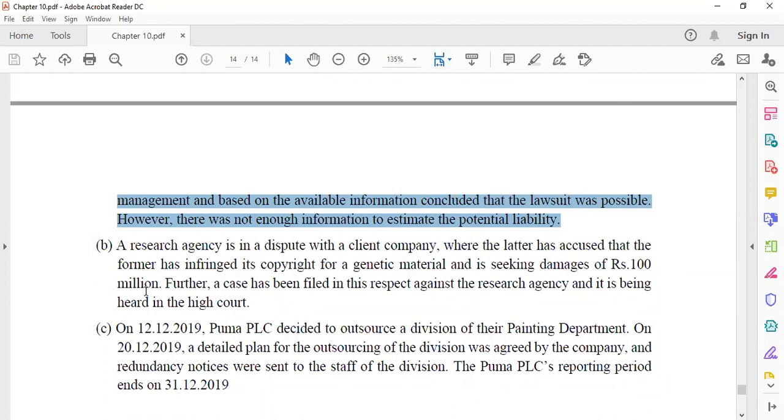Further, a case has been filed in this respect against the research agency and it is being heard in the High Court.